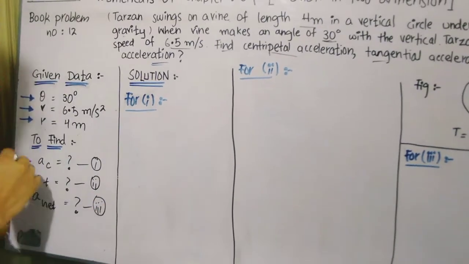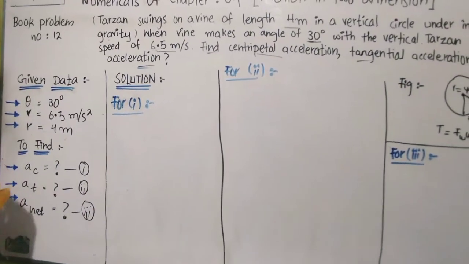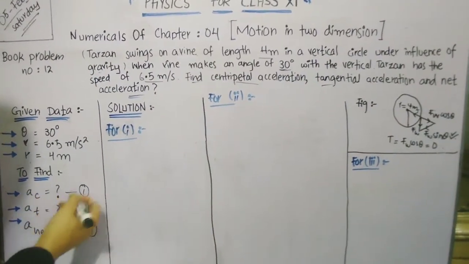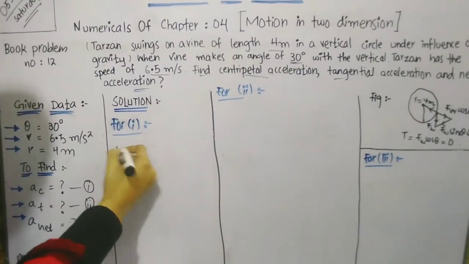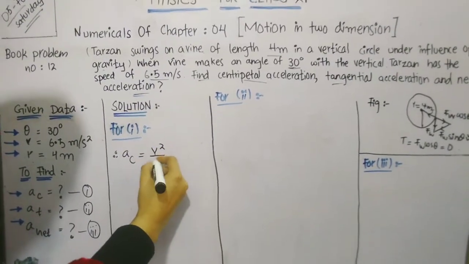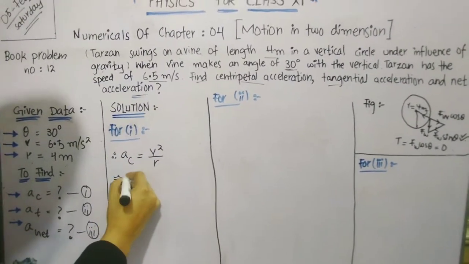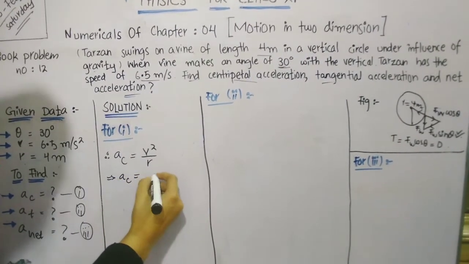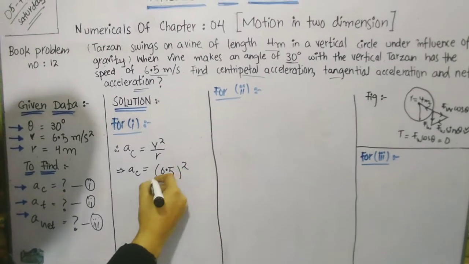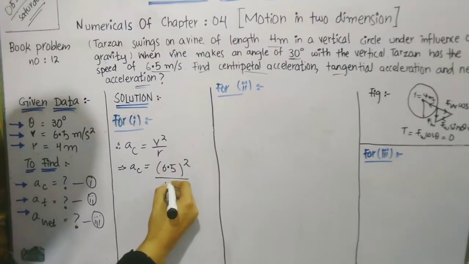Now the first thing that we need to find is centripetal acceleration. It's pretty easy, because we have the formula for centripetal acceleration, which is a_c equals v squared upon r. Fortunately, velocity is given and radius r is given. So we're only going to put the values: 6.5 squared upon 4.